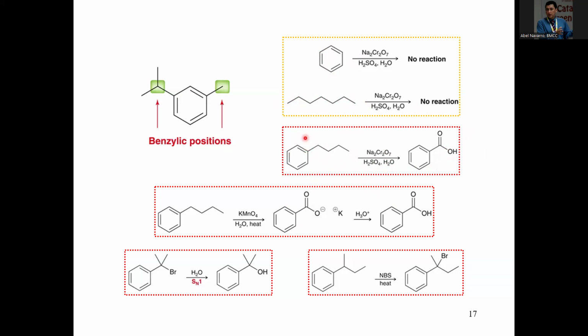That means that if you have 1 carbon, it will oxidize to benzoic acid. 2 carbons, benzoic acid. 3 carbons, benzoic acid. Isopropyl, benzoic acid. Propyl, benzoic acid. Butyl, benzoic acid. So no matter the size, the length, or the branching of that side chain, it will always give you benzoic acid.